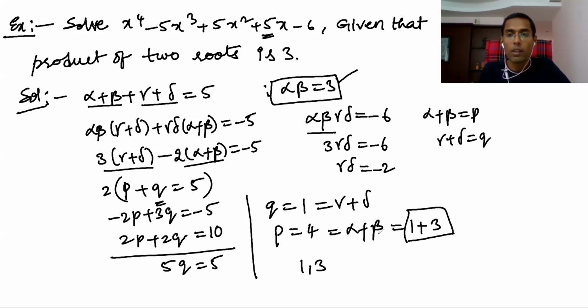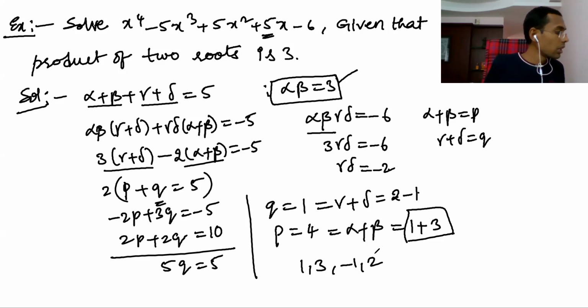For gamma delta, whose product is minus 2 and sum is 1, 2 into minus 1 is minus 2 and 2 minus 1 is 1, so the roots are 2 comma minus 1. These are the roots. This is the idea, so like this you can solve. Now we will go to the next question.